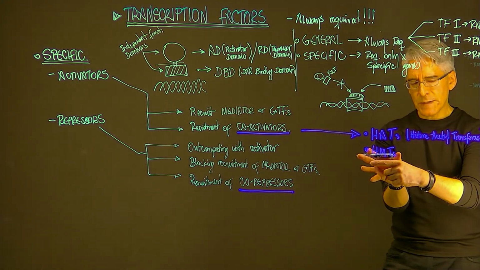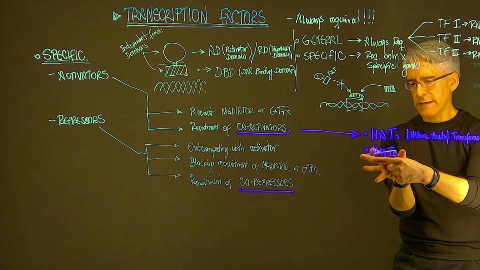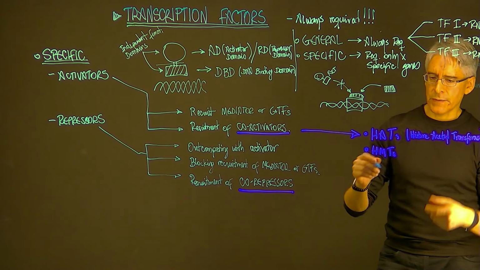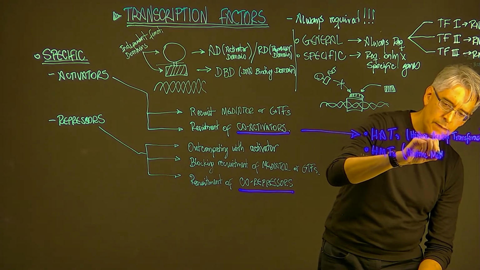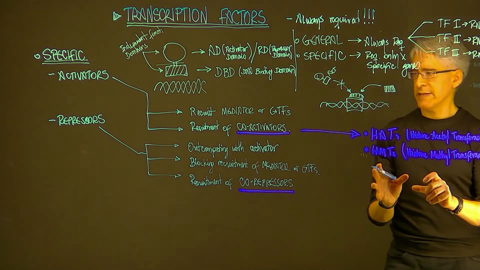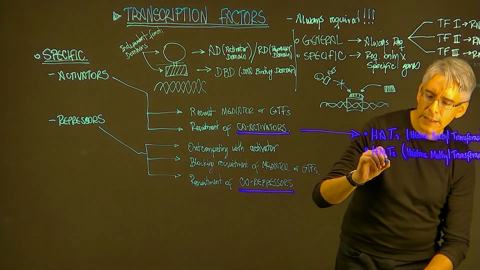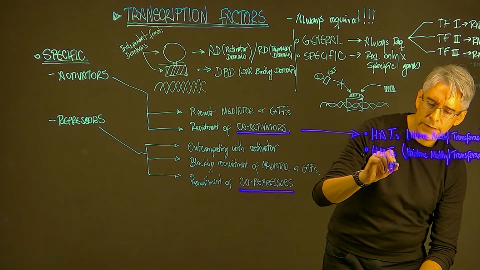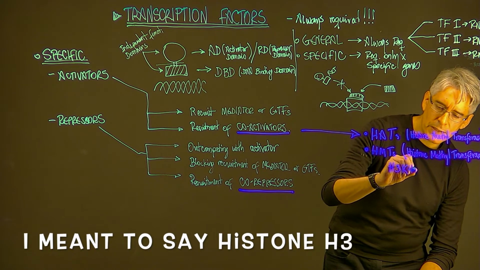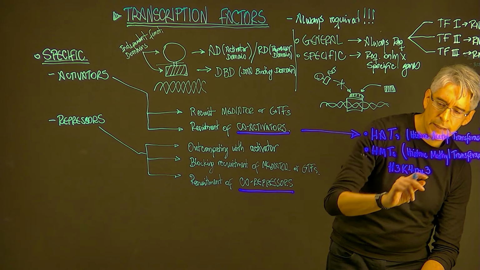There is a very specific subset of histone methyltransferases that will act by opening chromatin as well. And a good example of a histone methyltransferase that is a coactivator is the one that methylates histone 3 in lysine 4 and makes a trimethylation event in that lysine.